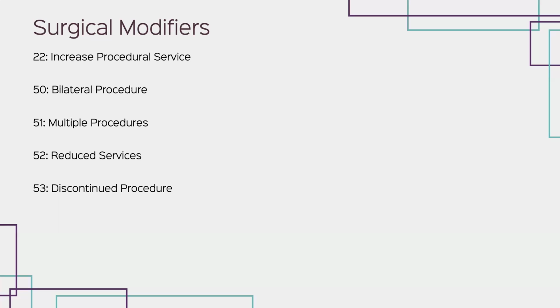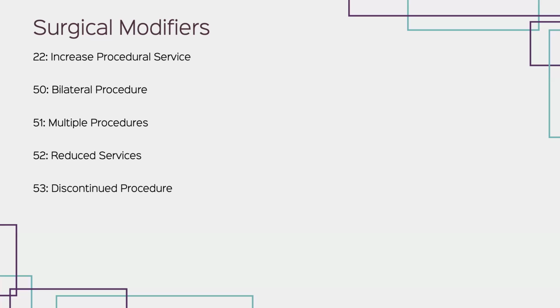Modifier 52 is used to indicate your reduced services. So if a procedure is partially reduced, ended early, or eliminated at your provider's discretion, then you should append a modifier 52. And then your modifier 53 is going to represent a discontinued procedure.